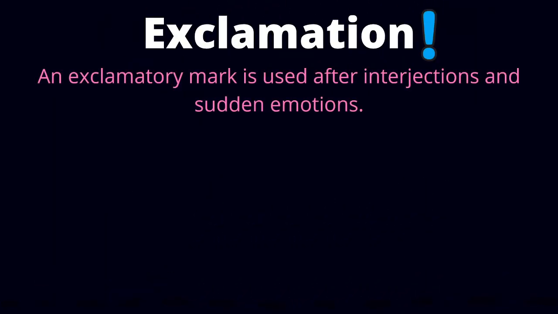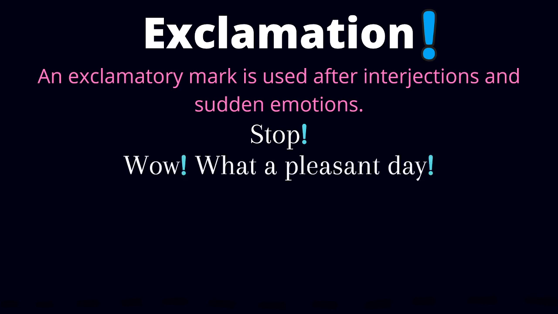Next comes the exclamation mark. That is the symbol of exclamation. An exclamation mark is used after interjections and sudden emotions. Stop! Sudden emotion, or stop. Look there. Wow, what a pleasant day!